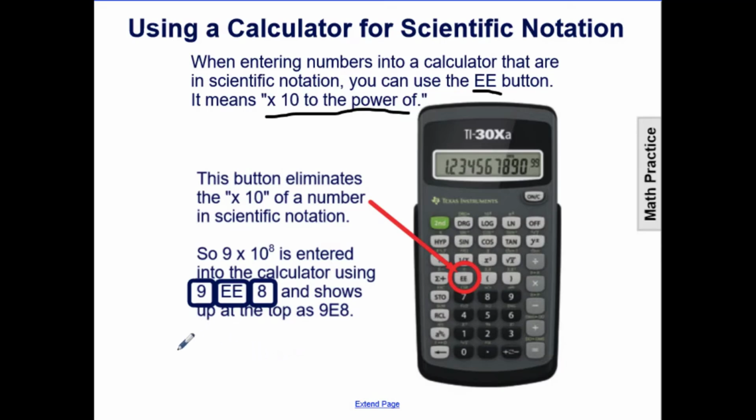So for example, 9 times 10 to the 8th is entered into the calculator using the 9 button, the EE button, and the 8 button, and shows up at the top as 9E8. Calculators can help when making calculations in scientific notation, but we want to know when it's most helpful to use them and think of the limitations they may have.